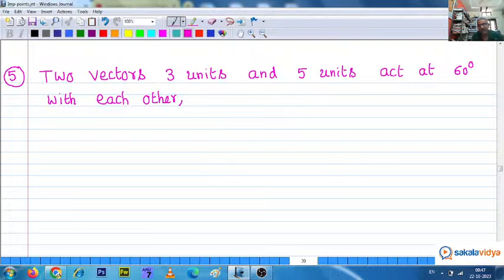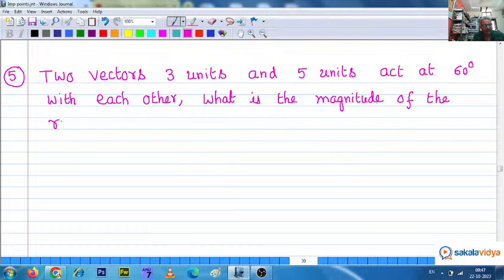That means the angle between the two vectors is 60 degrees. What is the magnitude of the resultant of the two vectors? This is the question.